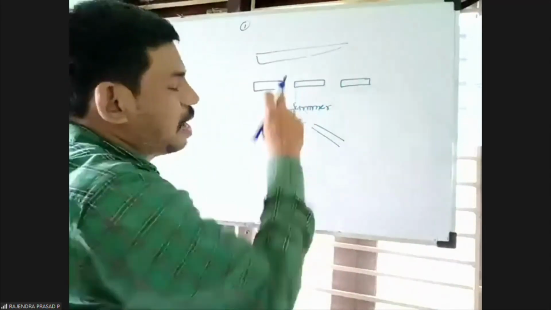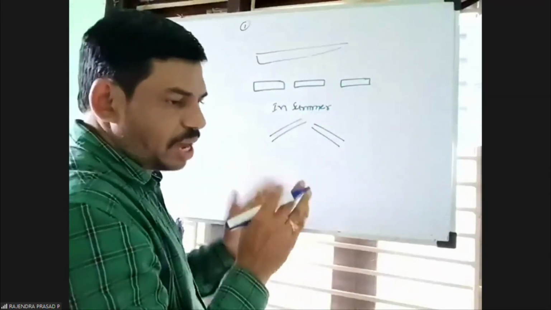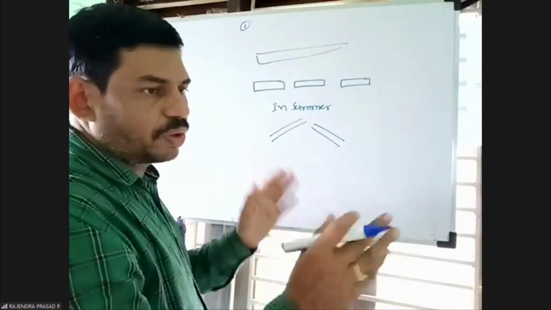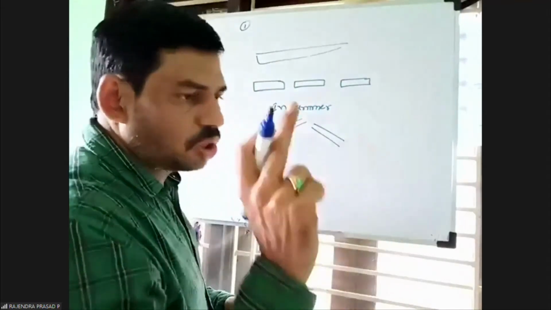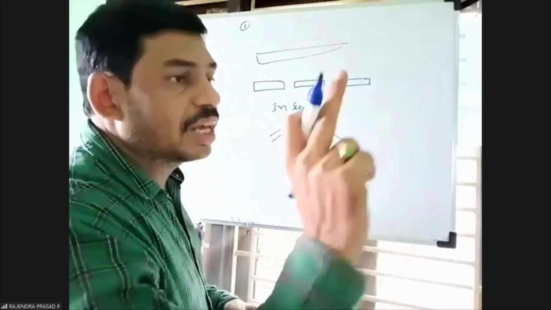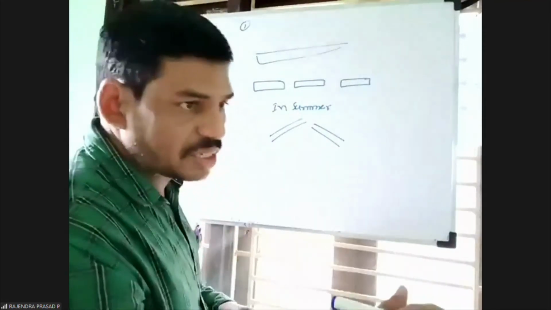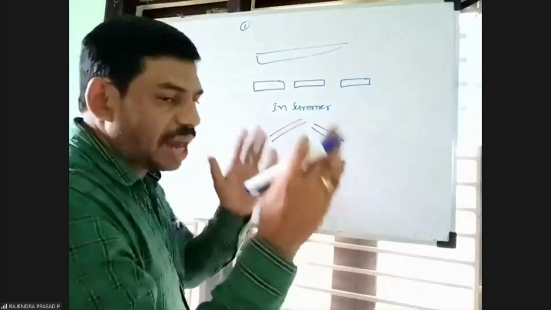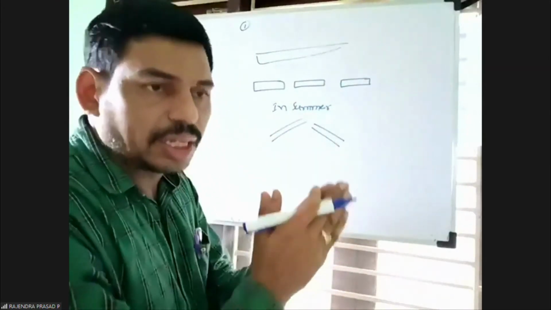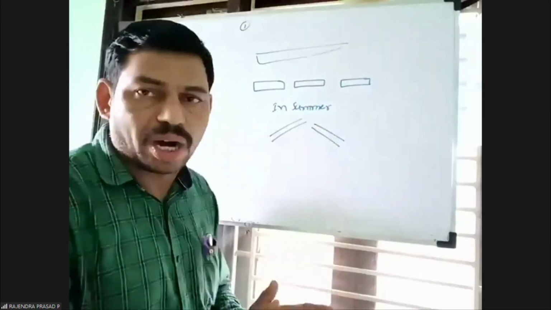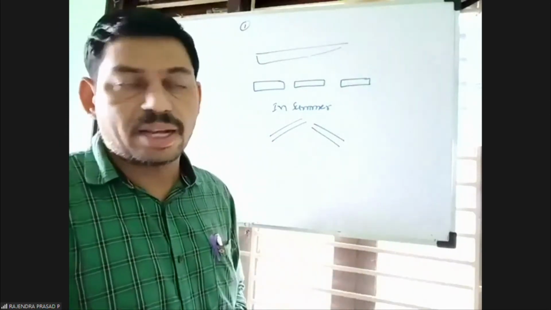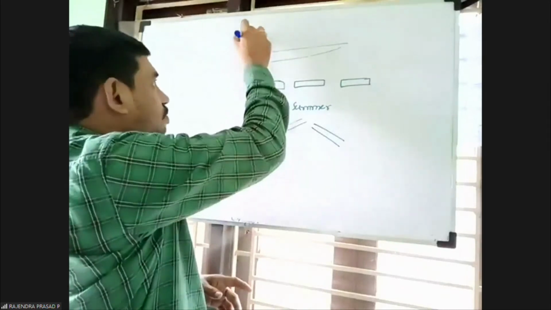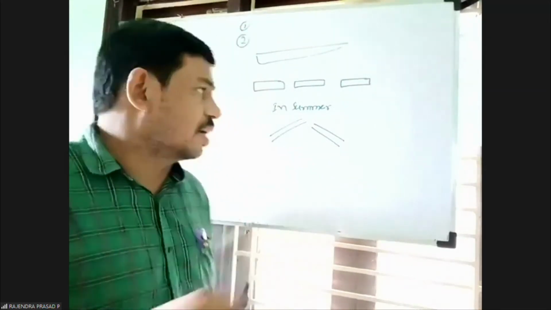So a small gap is left between two successive railway tracks because in summer season it allows the expansion linearly. Otherwise both expand, collide with one another, and the path of the track will change. Clear? This is the first one.